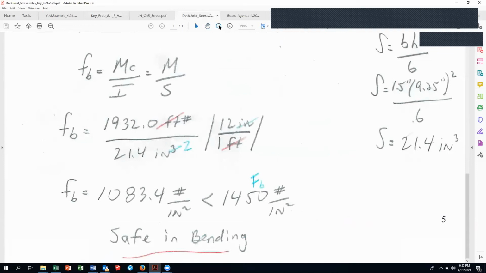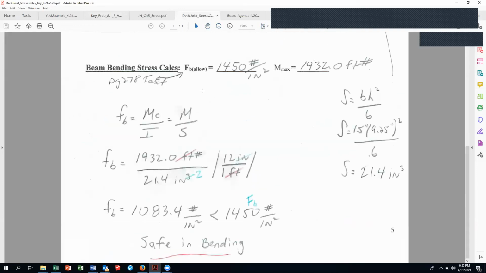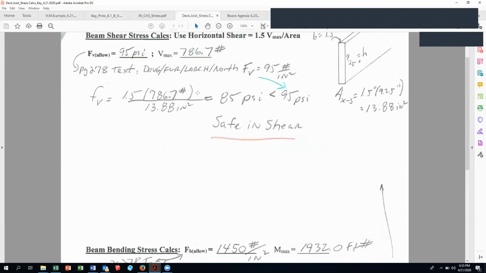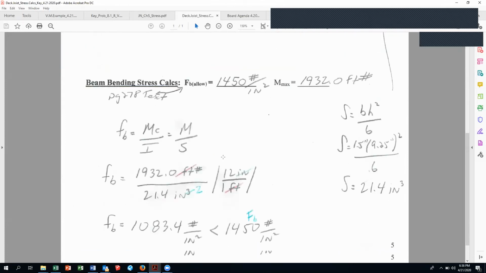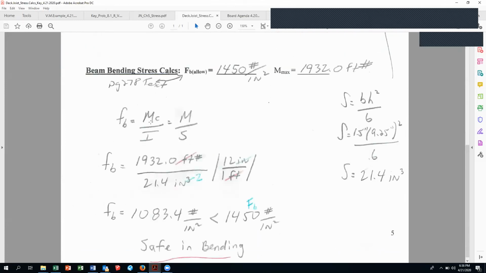Here's the bending stress calcs for the deck joist, okay? And we talked about page 278, which shows that different types of materials have different allowable stresses. And then when you go into the bending stress, M over S, some of you did MC over I, but M over S is easier.